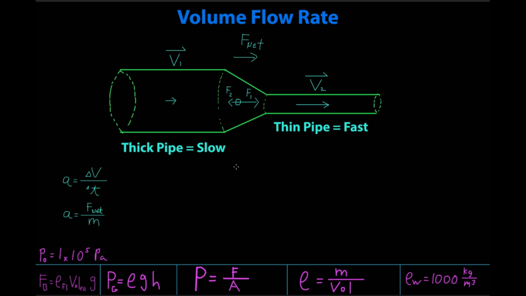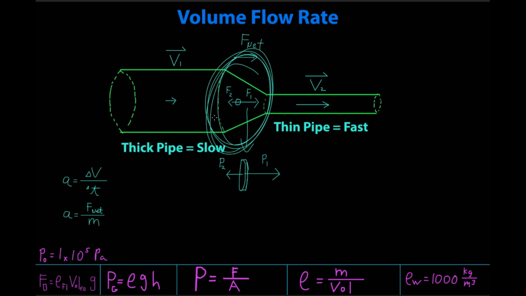Now, I'm going to take that same idea and take a look at it in terms of area. Let's take a small slice of the water from this section. So now I am talking about force over unit area, which means I'm not just talking about force, now I'm talking pressure. Since the water in this part of the pipe is getting faster, it is increasing in velocity, therefore we must have an unbalanced net force.